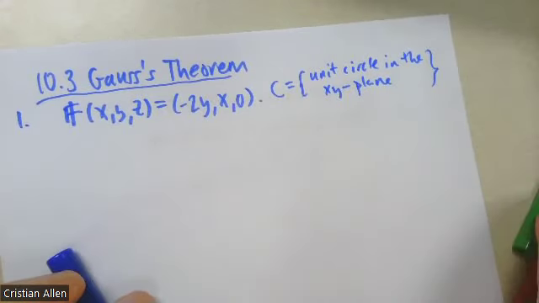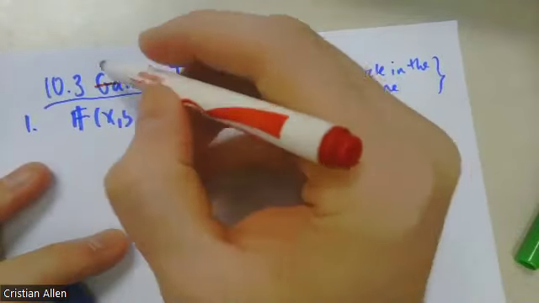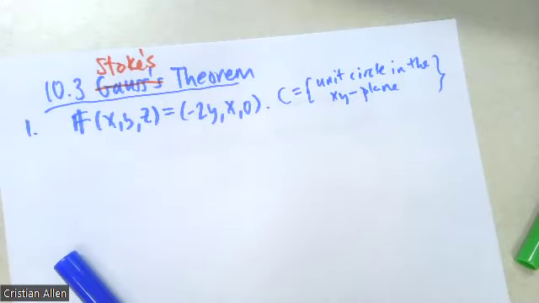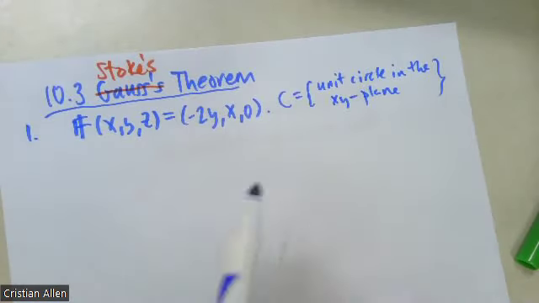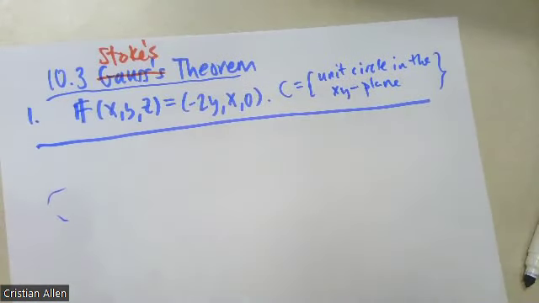And actually, I'm sorry, this is the Stokes theorem section. I'm ahead of myself a little bit. We'll get to Gauss's theorem next time. So yeah, we're looking to apply Stokes theorem here.